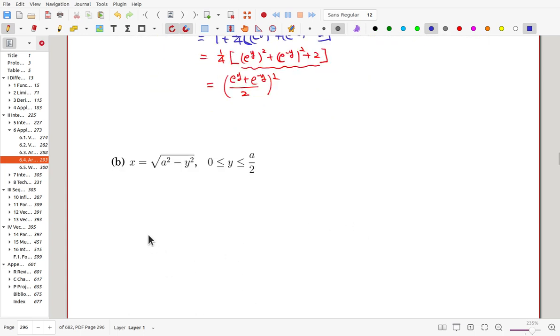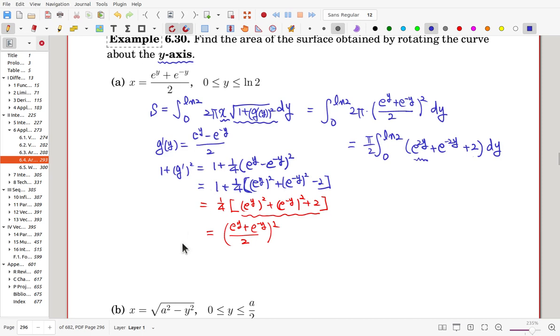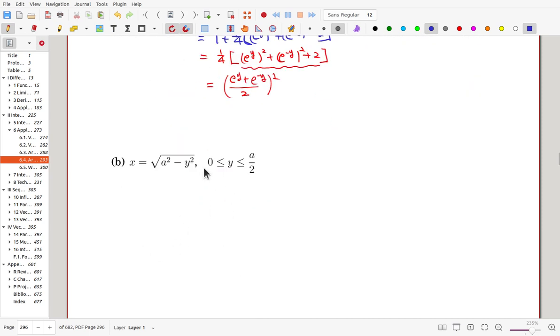Okay, here we'll go to another problem. Now for that one, exactly, we can use the same formula, and y is moving from 0 to a over 2. Now that one is in fact mimicking this one.